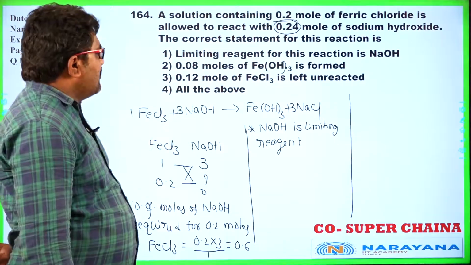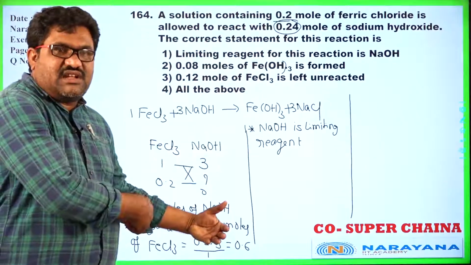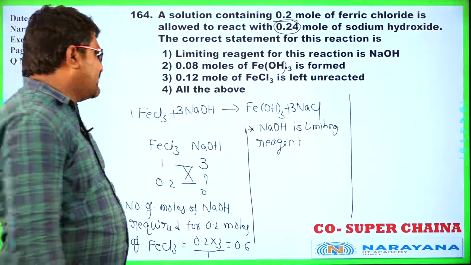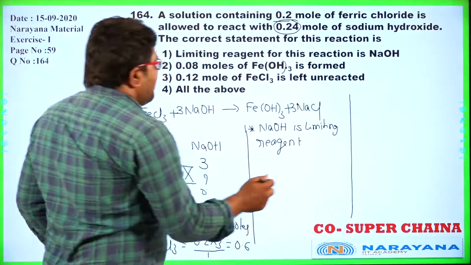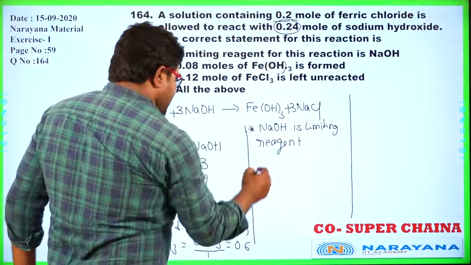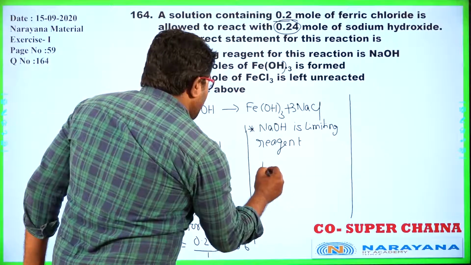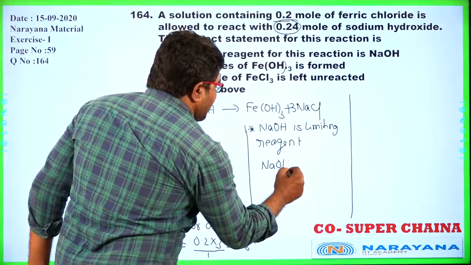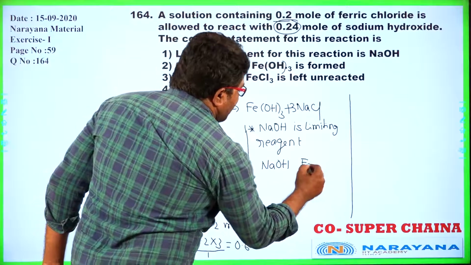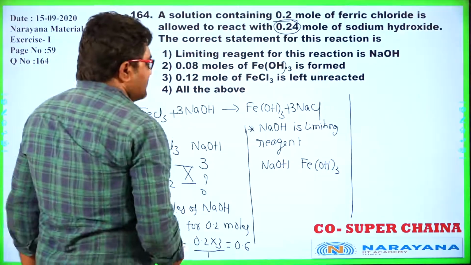From the limiting reagent only, we can estimate the amount of product formed. So I am going to compare the limiting reagent and the product we require, Fe(OH)3. I am going to compare NaOH with the number of moles of Fe(OH)3.